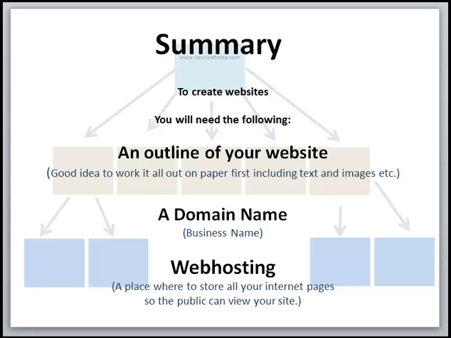So there's a little bit of difference, and somebody might already have your domain name with a .com at the end, but you might want a .co.uk because it might be cheaper. And then the other thing that you would need is the web hosting. It's a place where you store all your internet pages, so the public can view your site.